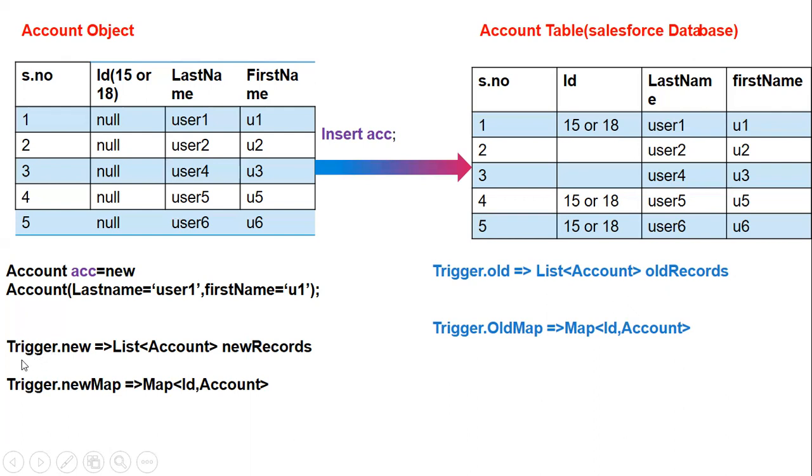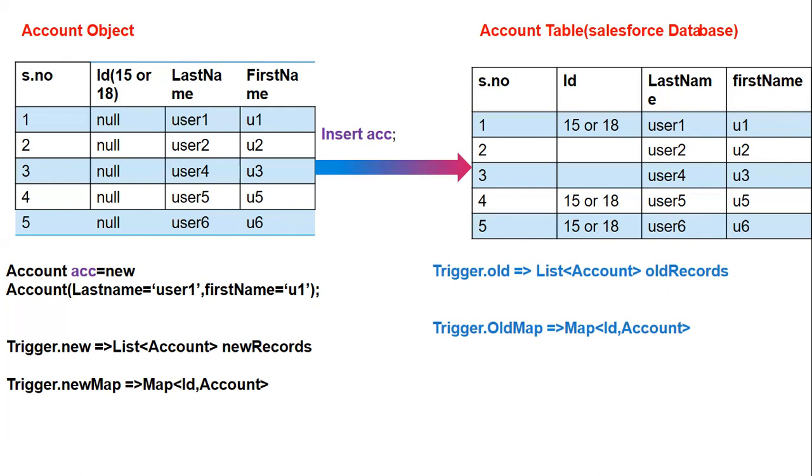These are the only context variables before using any DML operations. Trigger.new is simply a list of accounts without creation of IDs. Note it down: trigger.new is simply a list of accounts without creation of ID, with user raw data.